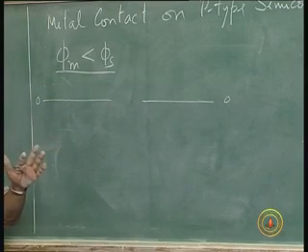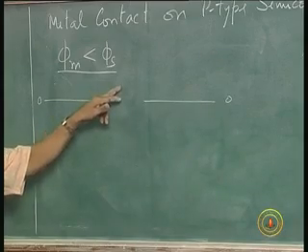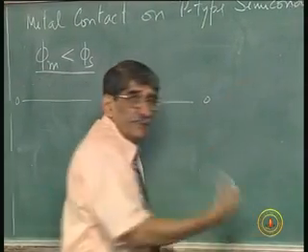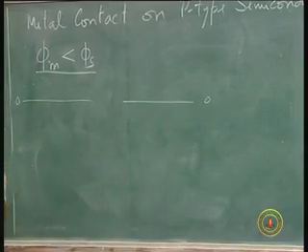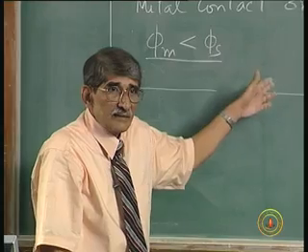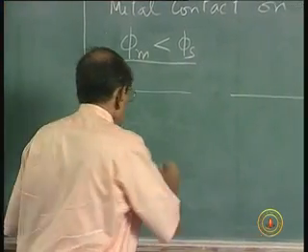Very easy, because the Fermi level in p type semiconductor is way down. If you see n type and p type, in p type EF is below. So, for the same metal, if you put it, you will have different conditions.